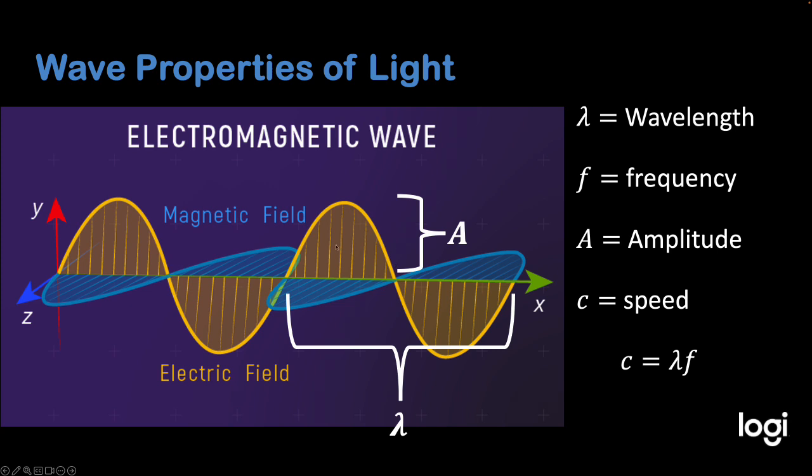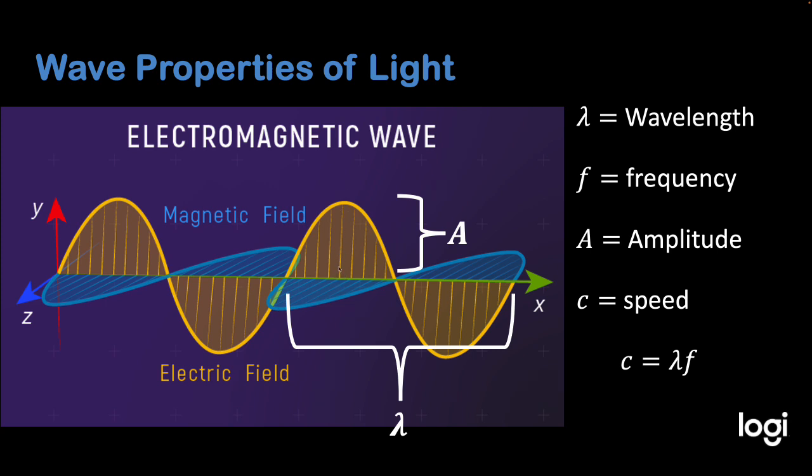There's also an amplitude. This peak has a height to it, and that height might be different for different waves. The other thing about the amplitude is that we have two waves here. They're in phase with each other, but they each have their own individual amplitude.